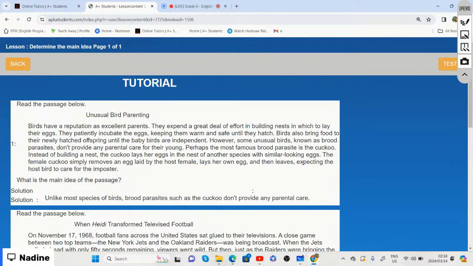They just leave their eggs in another nest, remove that egg, place their egg in that nest, and they allow the other birds to just take care of the young.